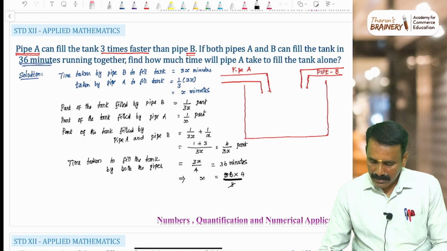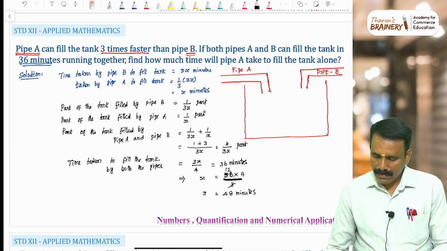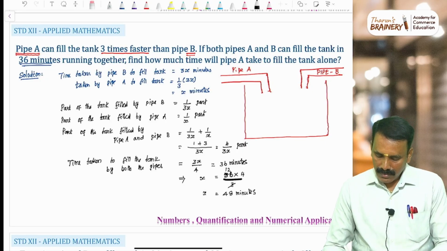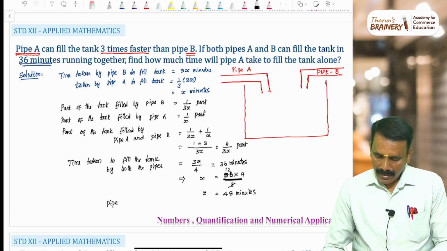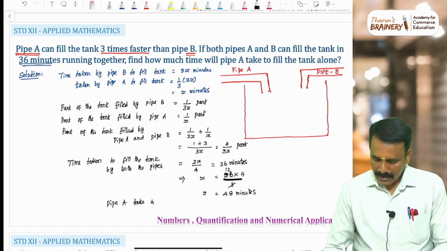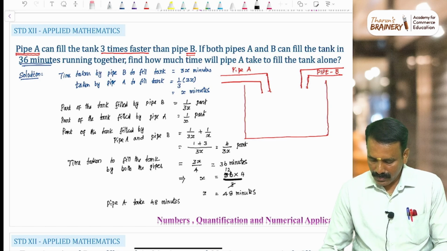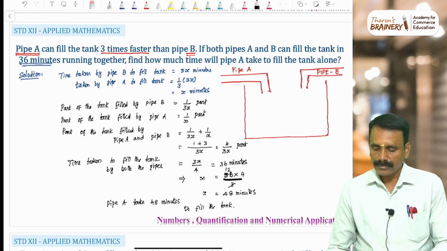So we cancel the terms. So x is equal to 48 minutes. So pipe A takes 48 minutes to fill the tank alone.